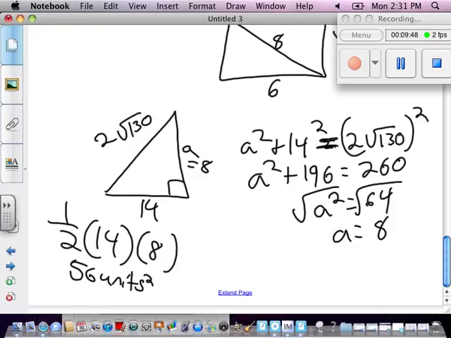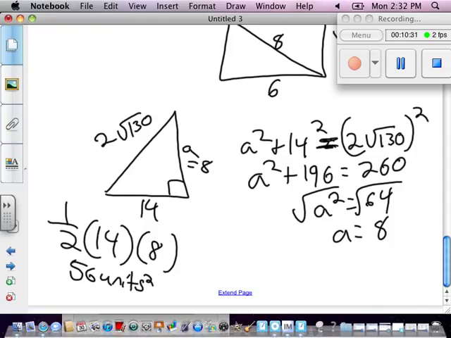Questions, comments? I squared this, 2 square root 130 times 2 square root 130, and I got 260. Let me do it again. Maybe I'm doing it wrong, because I have a different answer on my paper. So I get 2 square root 130 squared.